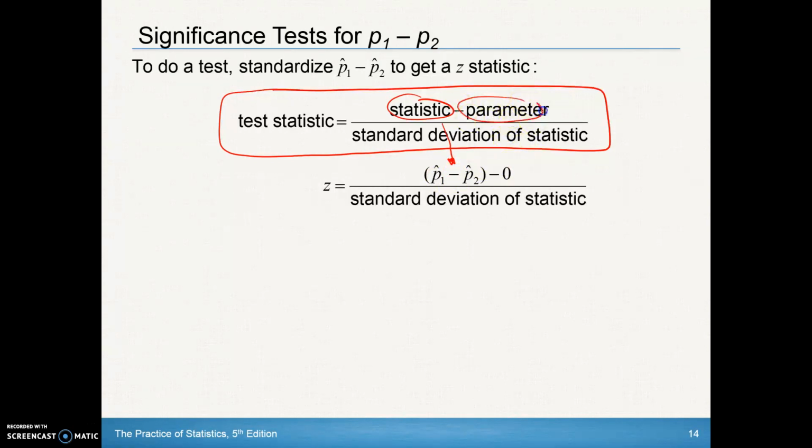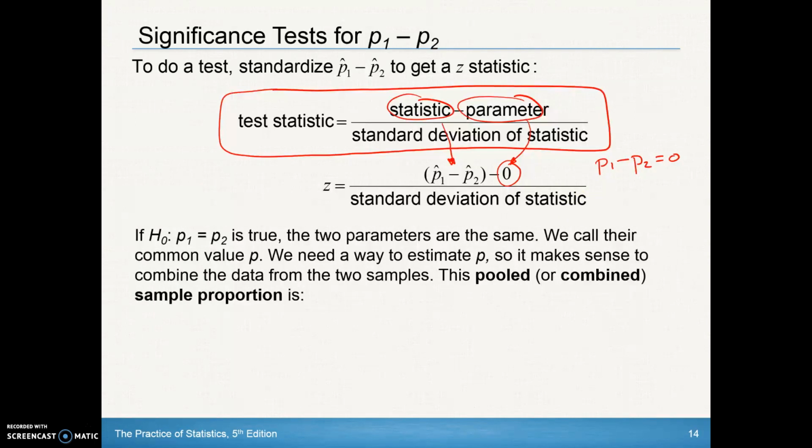The parameter is the difference in the hypothesized population parameters. As we spoke about in our null hypothesis, we would have P1 minus P2 equaling 0, so we can just put 0 right there. And we'll divide by our standard deviation of the statistic.